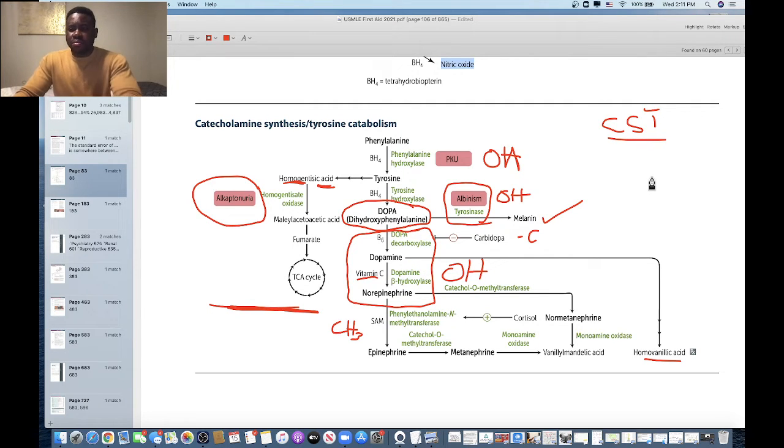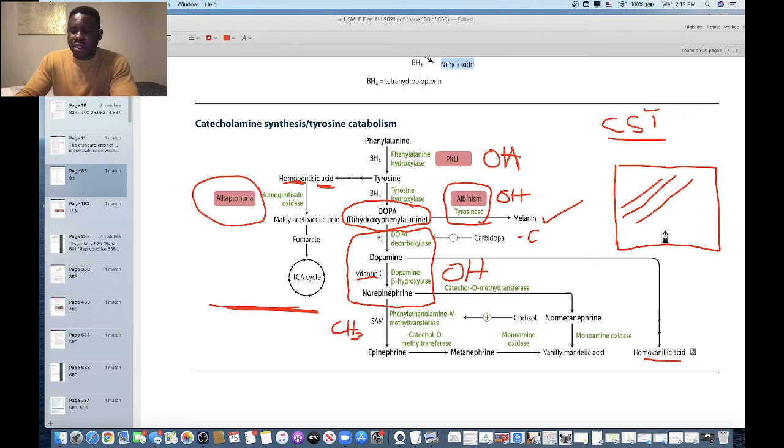Usually, if I want to explain this, let's say you have a cell here. In the cell we have cytoskeletons that are like a road that vesicles can use. So in this cell, let's say we have these tiny things that we make melanin in, right? Which are the melanosomes.